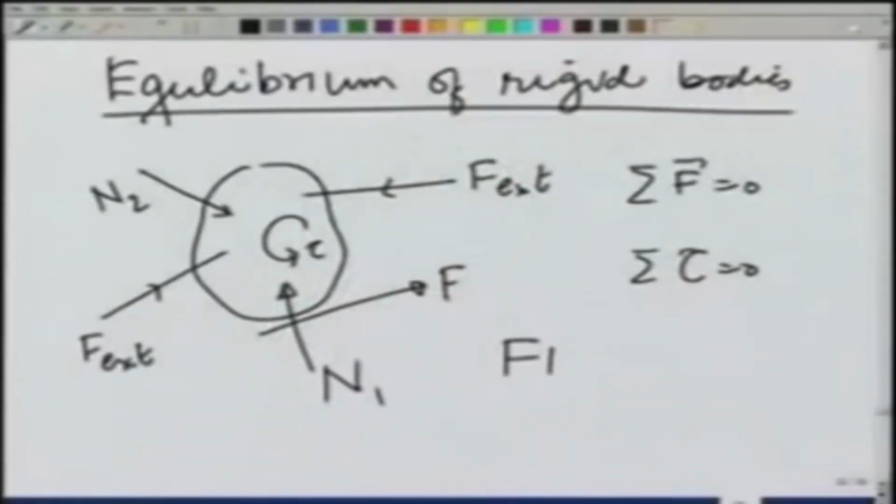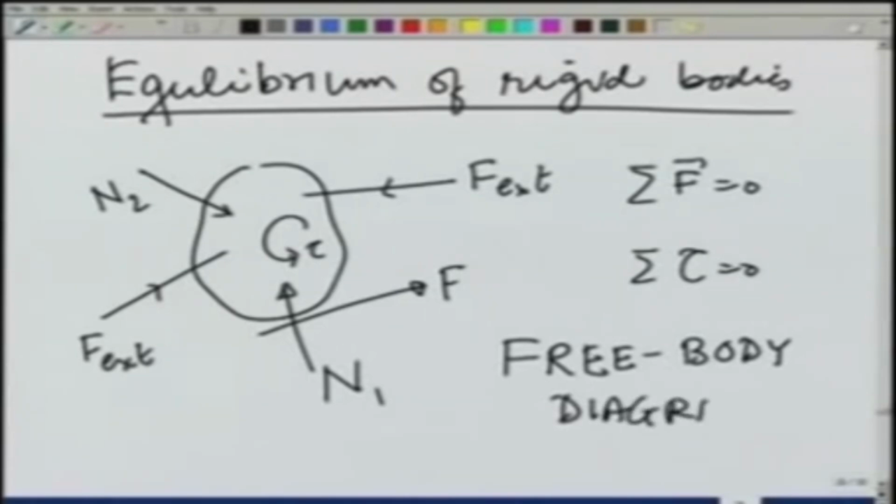Such a diagram, where we isolate the system and replace the elements holding the system by the normal reactions of those elements or the torques provided by those elements, is known as a free body diagram.